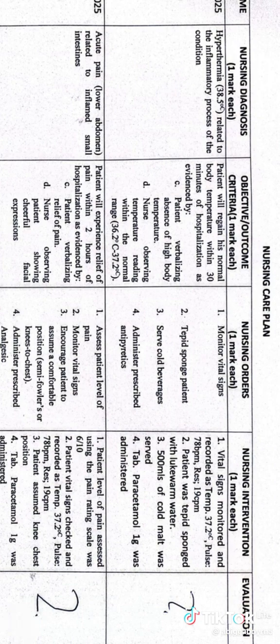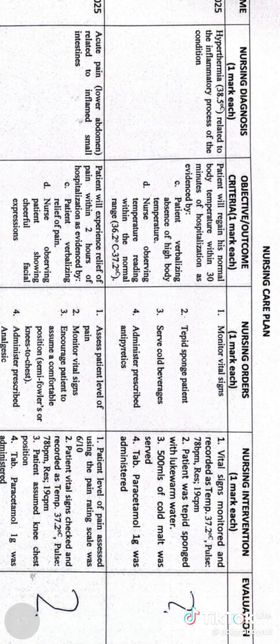Our objective reads, we say patient will regain his normal body temperature within 30 minutes as evidenced by patient verbalizing absence of high body temperature, and then nurse observing temperature reading within the normal range, which is 36.2 to 37.2.